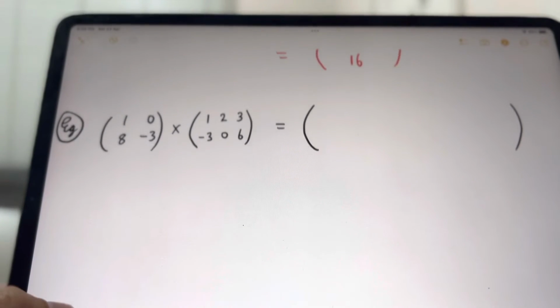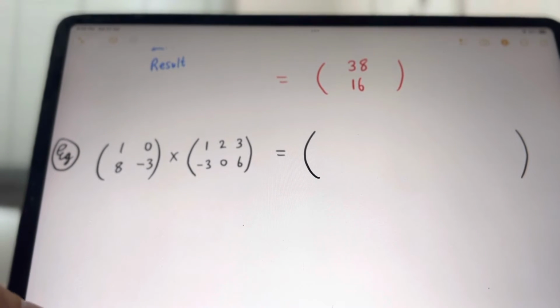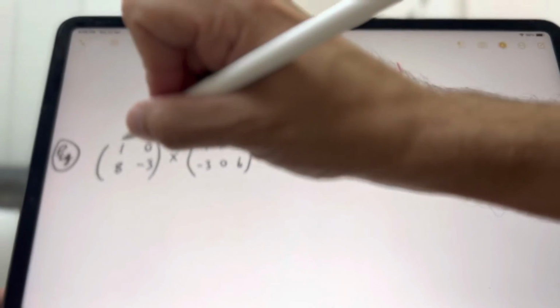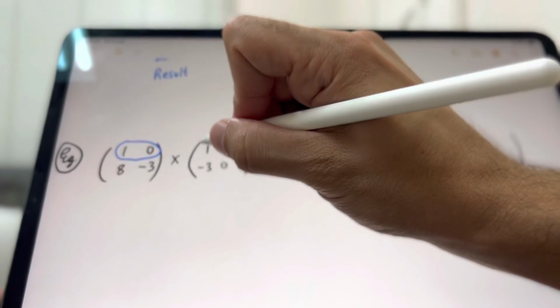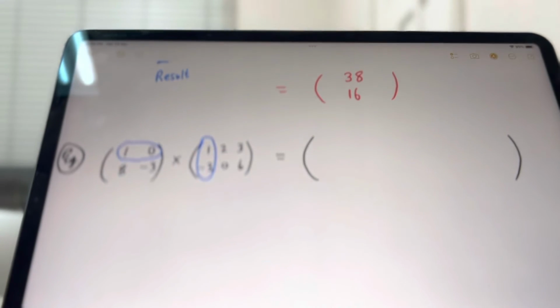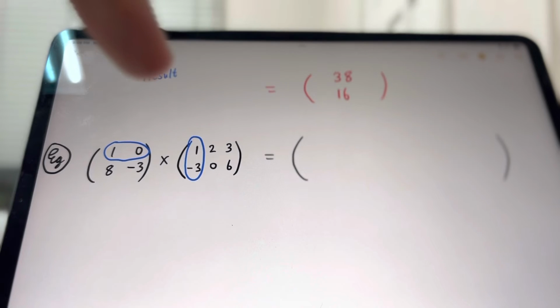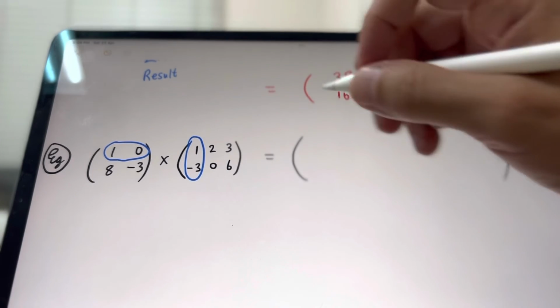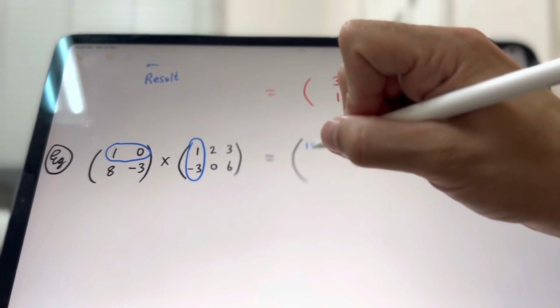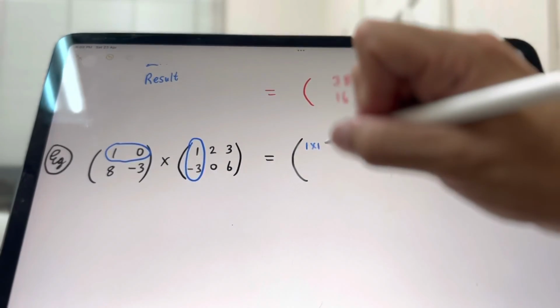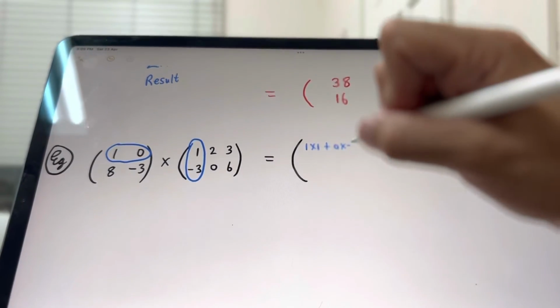And then this last one, we have a 2 by 2 by a 2 by 3. Let's go. Row from the first matrix times each column. So the row times the column on the left would give you the top left. We have 1 times 1 plus 0 by negative 3.